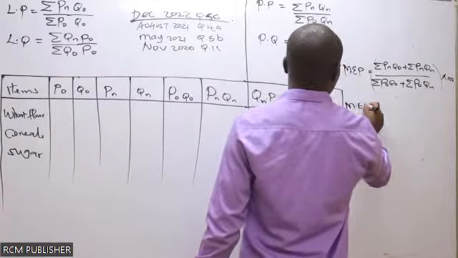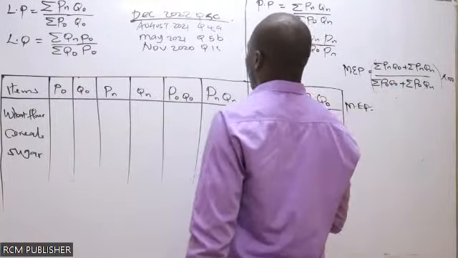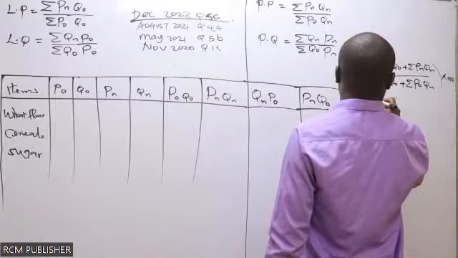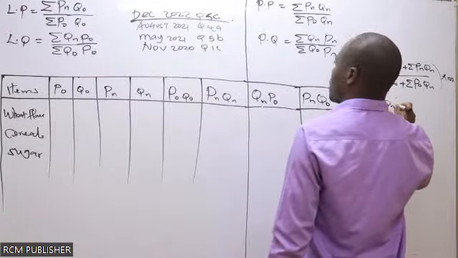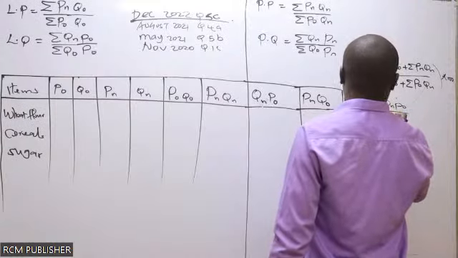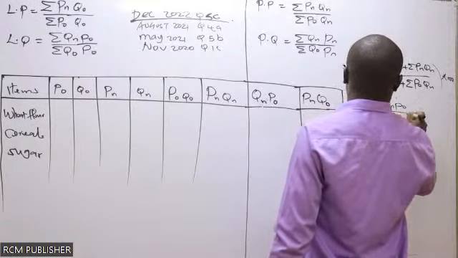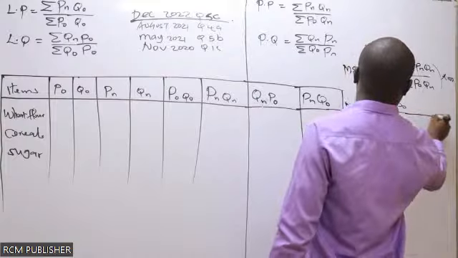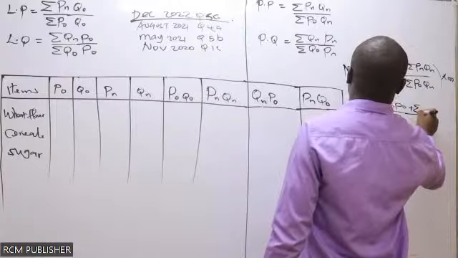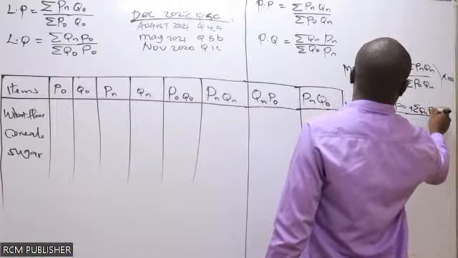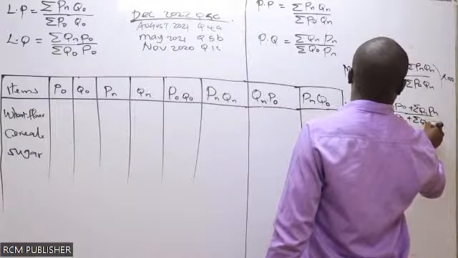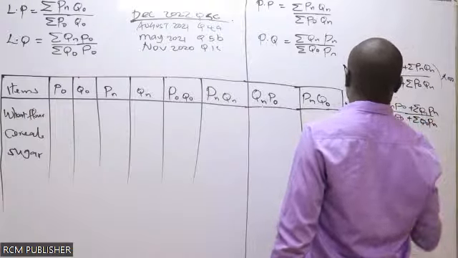Then we come now to Marshall-Edgeworth quantity index. Look for the quantities and then you get the summation. So summation of QN, PO over summation of QO, PO. We add summation of QN, PN plus summation of QO, PN.